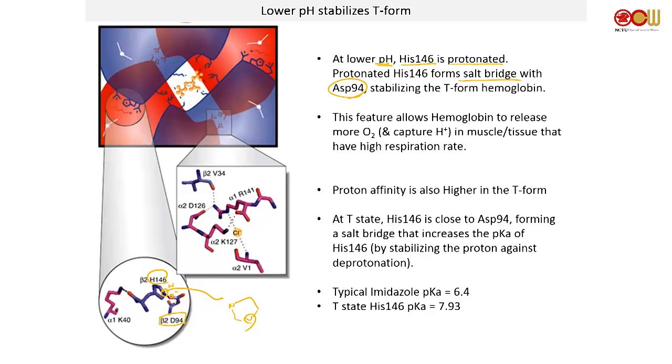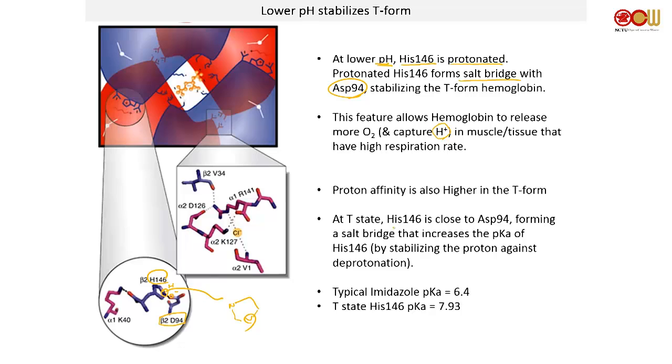And then it stabilizes the T form of hemoglobin. And this feature allows hemoglobin to release more O2 and also capture protons. Because your histidine has to be protonated, and by protonated, it means it captures a proton. So proton affinity is also higher in the T form.